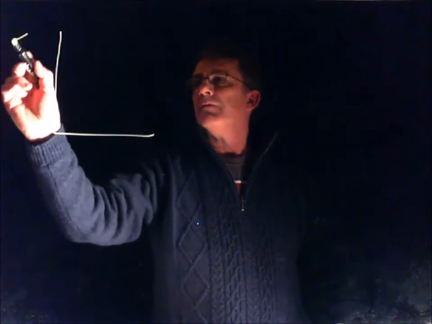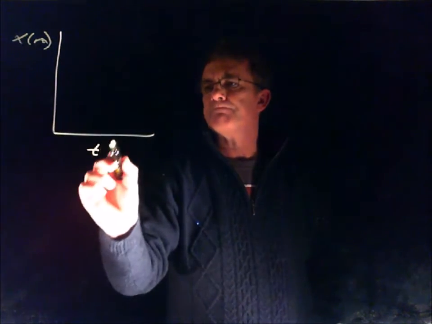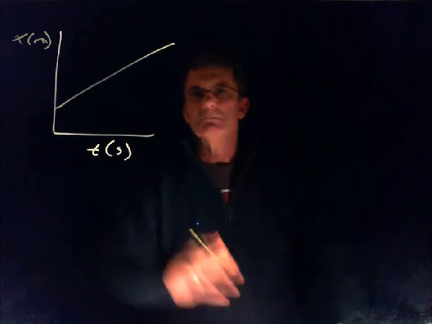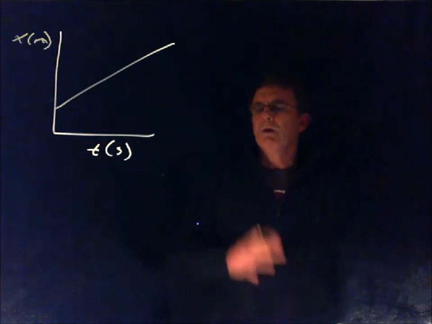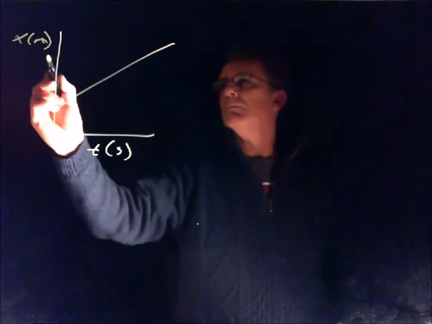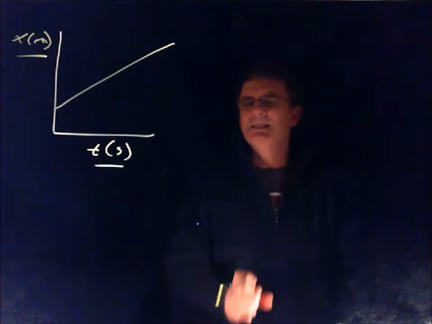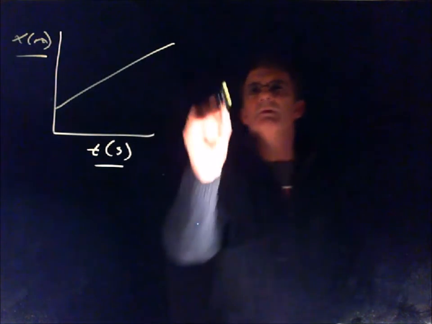Let's say we have a position versus time graph, and it looks something like that, nice and just a straight linear line. When they see this graph, I want them to look at, I am looking at position and time. This is where an object is, where it is located as a function of time. I just want them to think that.